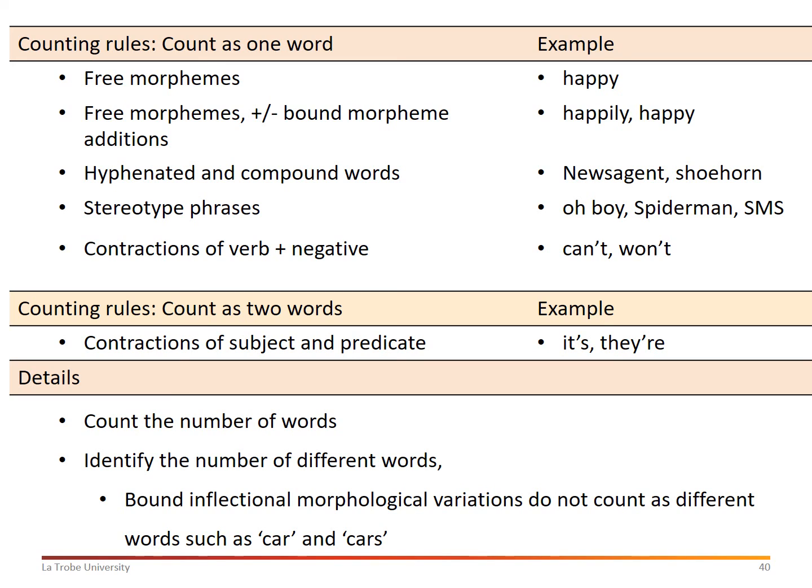So you need to count the number of words, which is the easy part, total number of words in the child's sample. Identify the number of different words using these rules, keeping in mind that all the bound inflectional morphological variations do not count as a different word. So again, another example, car and cars is not a different word, because we're looking at lexical diversity here. We're not looking at morphological skill.